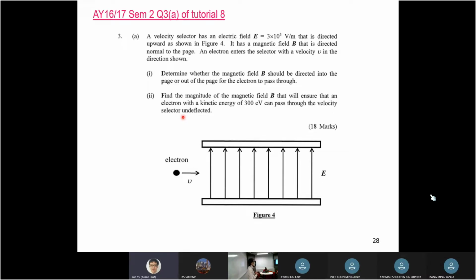Because for a particle filter, the velocity to be filtered is directly related with the magnetic field and the electric field. Given only two parameters out of velocity, magnetic field, and electric field, we will be able to use a certain relationship to find out the unknown one. I will talk about this when we complete the first part.